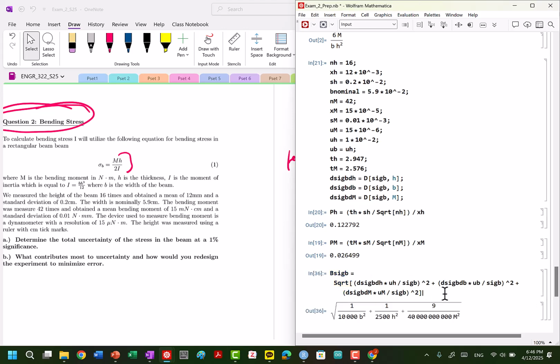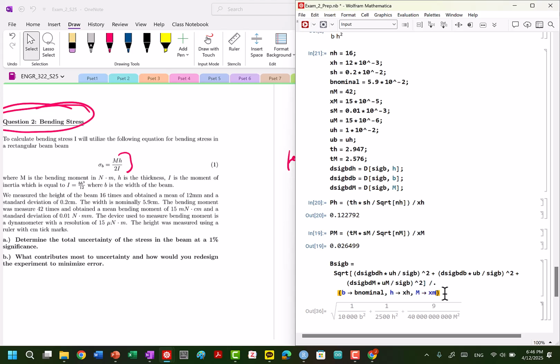And we're just going to substitute: b goes to b nominal, h goes to x_h, and m goes to x_M. And there we go. Oof, we got some large values. What's giving us the big issues?